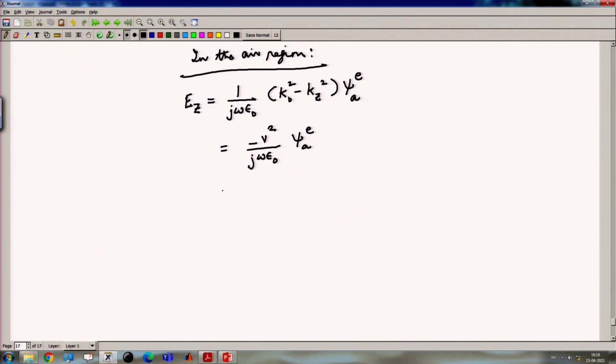Replacing now psi a e, we can write this as minus v square by j omega epsilon naught b e to the power minus v mod x e to the power minus j k z z, from equation 21.